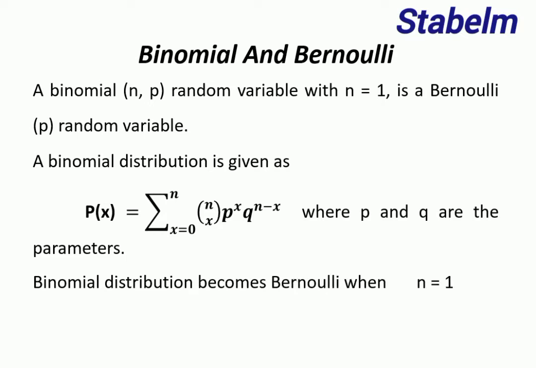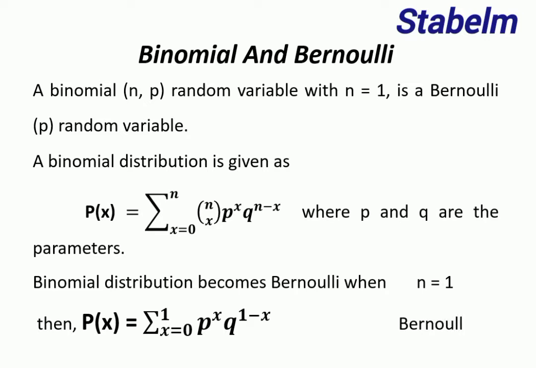Then we have p of x equals summation, x runs from 0 to 1, p raised to power x, q raised to power 1 minus x, which is a Bernoulli distribution. We can see that we go from the binomial distribution back to the Bernoulli distribution when n is equal to 1.